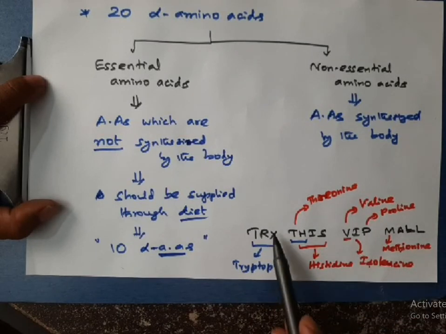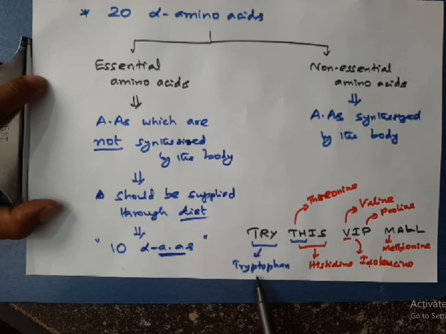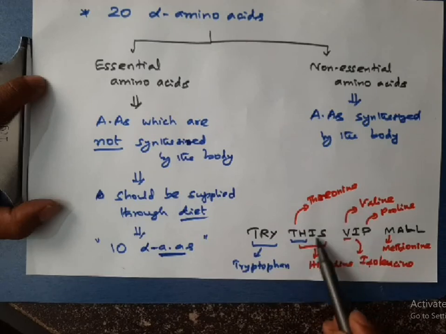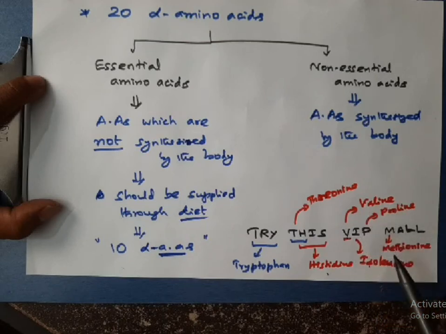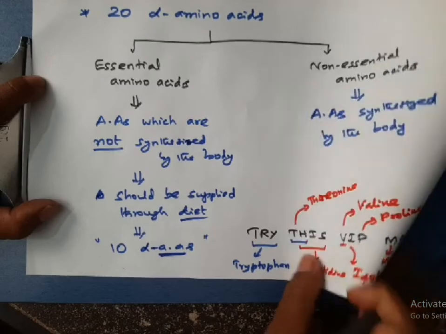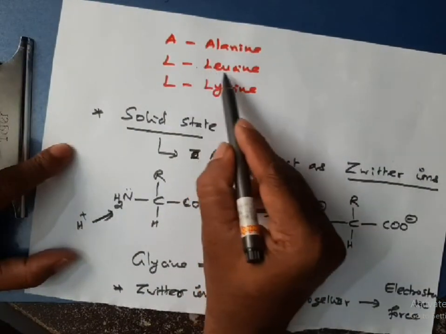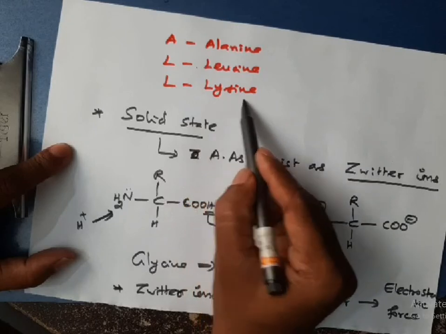Here, tri represents tryptophan, TH represents threonine, HIS represents histidine, V represents valine, I represents isoleucine, P represents proline, M represents methionine, A represents alanine, L represents leucine, and another L represents lysine. Okay, I wrote those here.